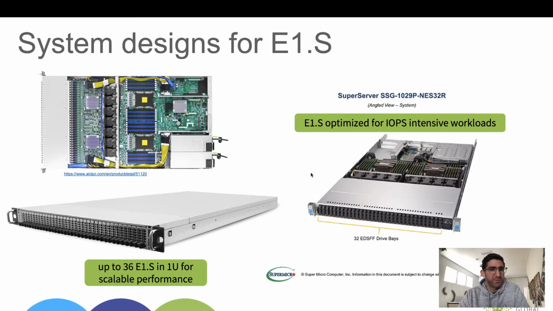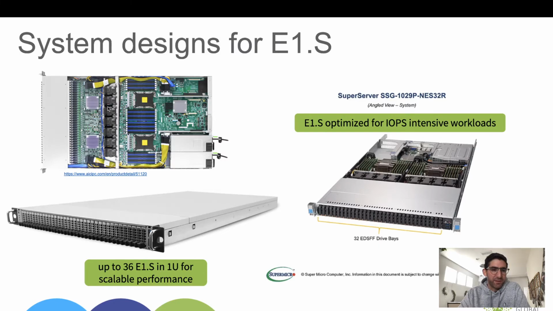I'm going to give a few system design examples for what's out there in the market today. As I mentioned, the 15 millimeter just got released, so there's not really any products out there in the market today, but there are going to be people showing off new platform designs and some of the new capabilities for the 15 millimeter E1.S form factor. But you can see here, this is an example of an AIC platform that supports 36 E1.S, and these are 5.9 millimeter devices in a carrier, and they have their own latch in a 1U platform.